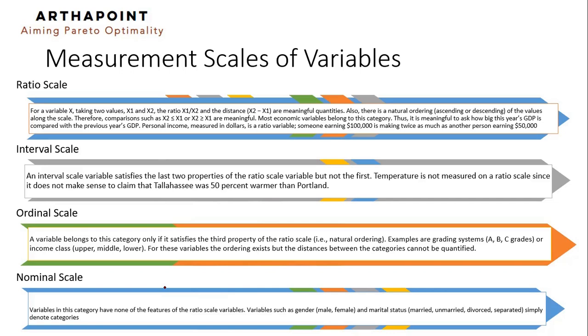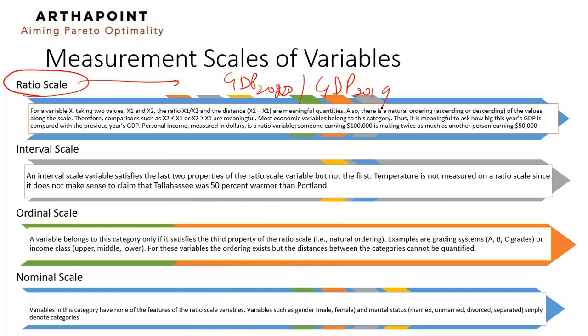I'll begin with the ratio scale. Ratio scale is used whenever we have to compare two things, whenever we have to find the ratio of something. For example, if I ask what happened to the GDP of 2020 as compared to the GDP of 2019, when I ask you what's the growth rate of the GDP, that's my ratio scale.